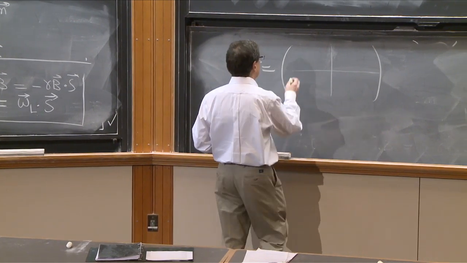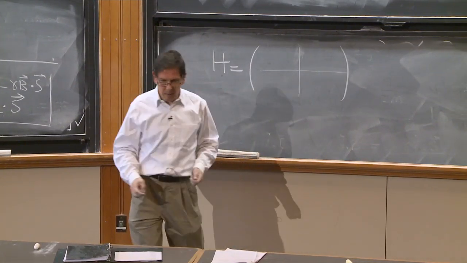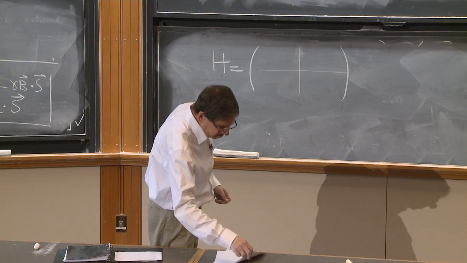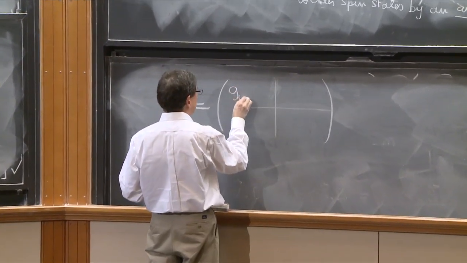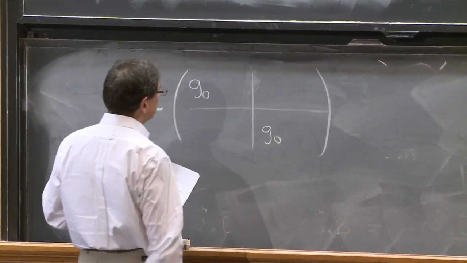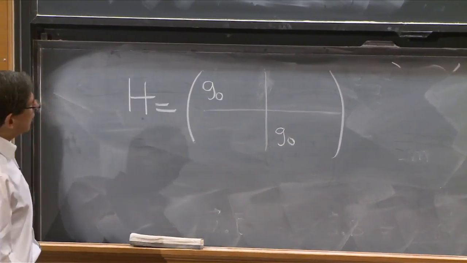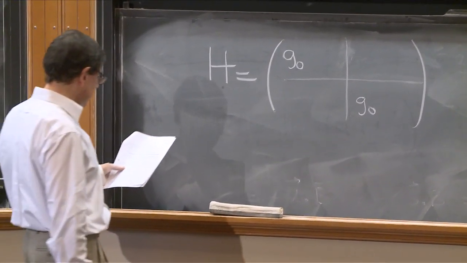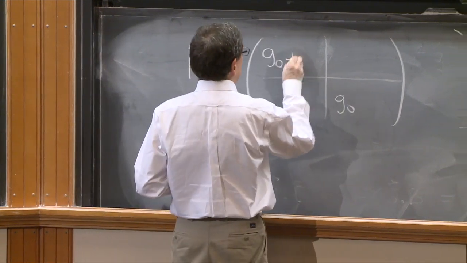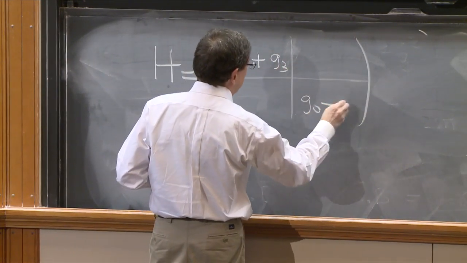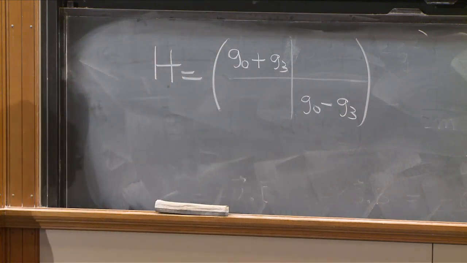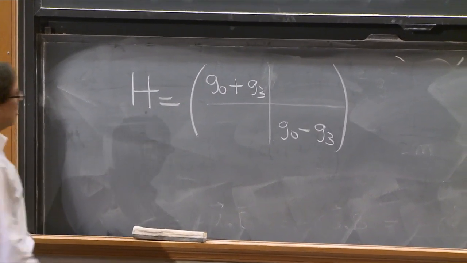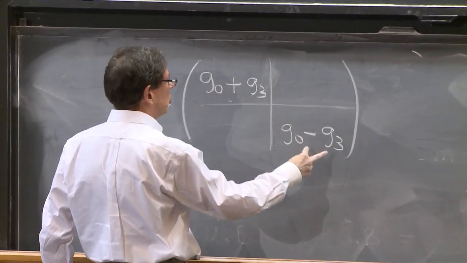In fact, you can have a constant that I will call G0 and G0. And that's Hermitian. It's a real constant. You can put a G3 and a minus G3. That's still Hermitian. And that's reasonable. There's no reason why this number should be equal to this.